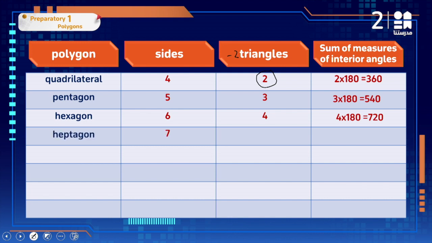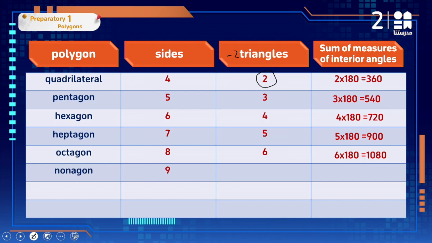Heptagon, 7 sides, 5 triangles, so 5 times 180, which is 900. Octagon, 8 sides, then subtract 2, 6 triangles, then multiply 6 times 180, which is 1080.